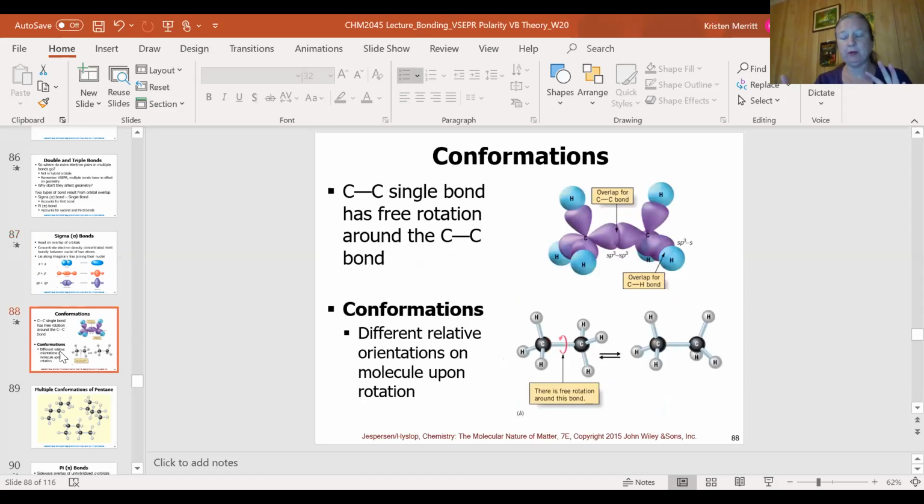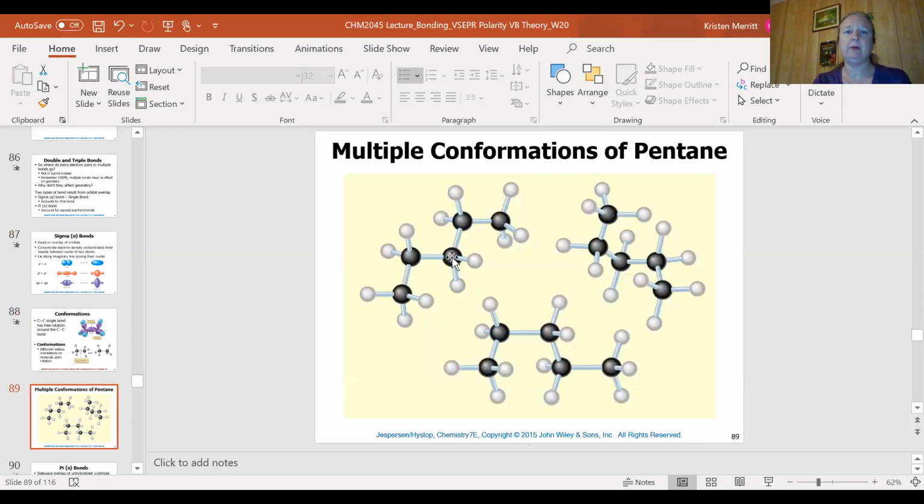And a pi bond does not allow for free rotation, a sigma bond does. So that allows for different conformations. When you have this rotation, you can get this bend, right? These can twist and turn, and you can just get these different conformations.